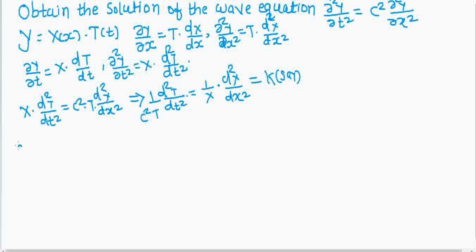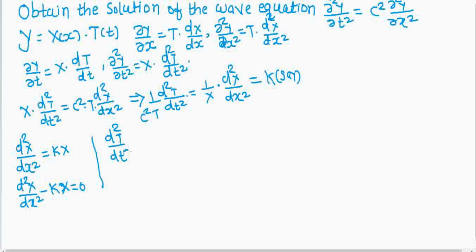First equation is d2X by dx square equal to k into X, or d2X by dx square minus k into capital X equal to 0. This is the first equation. And the second equation, d2T by dt square equal to c square k into T, or d2T by dt square minus c square k into T equal to 0.